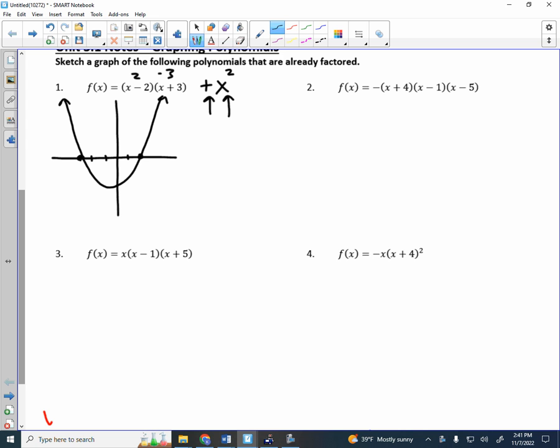There we got it? The next one, x to what power? X to the third, positive or negative? Negative. So it's going to finish going down. We always think about how it finishes. Since it's negative, it finishes down. Since it's odd, it's going to start and end in opposite directions. So it's going to begin up.